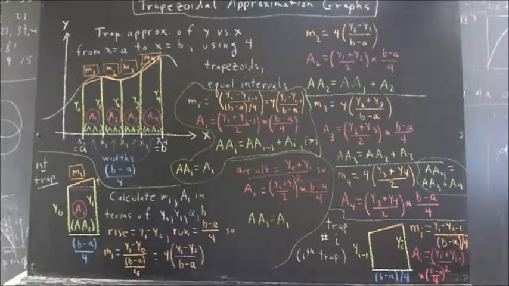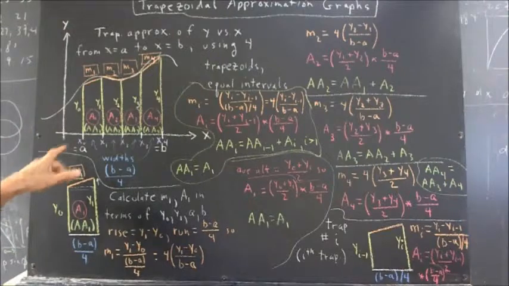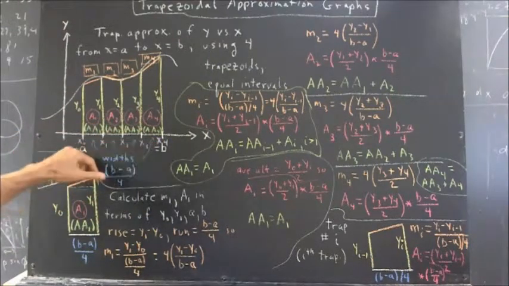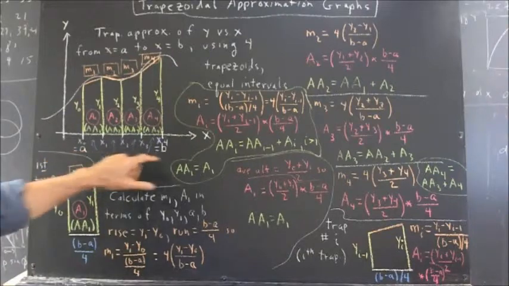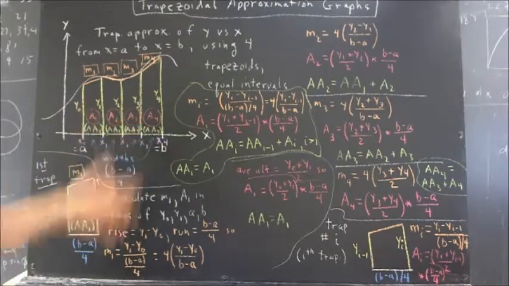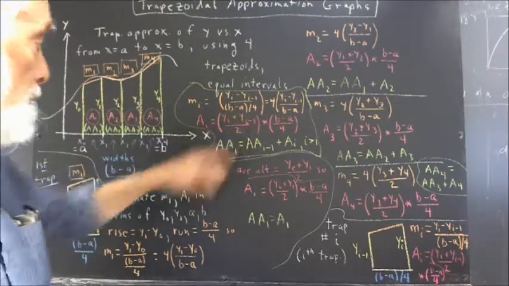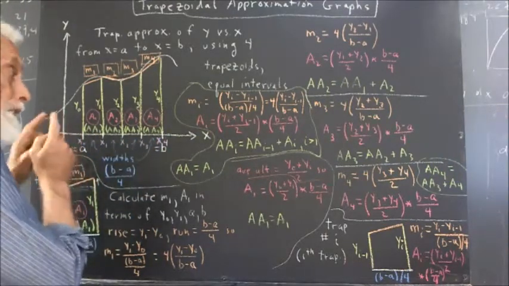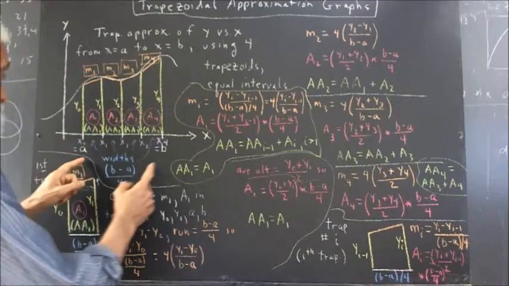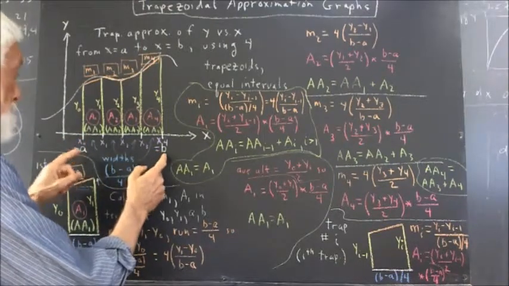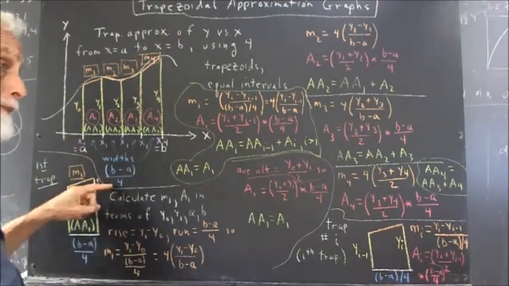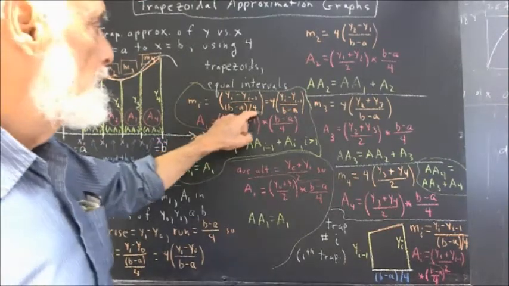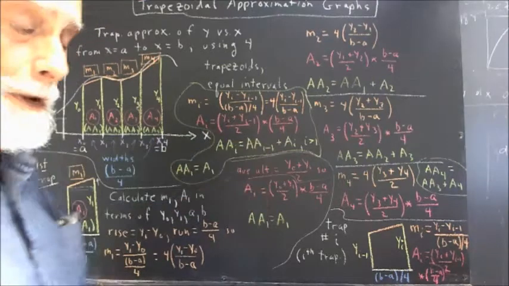So what if we just let n stand for the number of subintervals into which we're going to divide our original interval? What would we have? Well, in order to get the width of one of the n equal subintervals, we would have to divide this distance b minus a by n, which means that that 4 would become an n, that 4 would become an n, and that 4 would become an n.